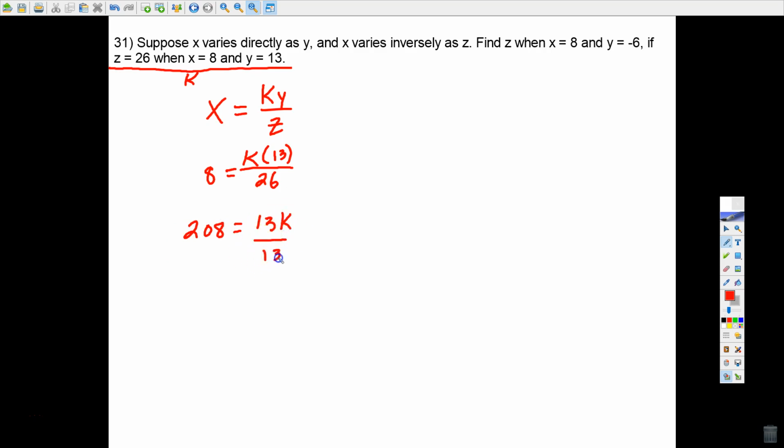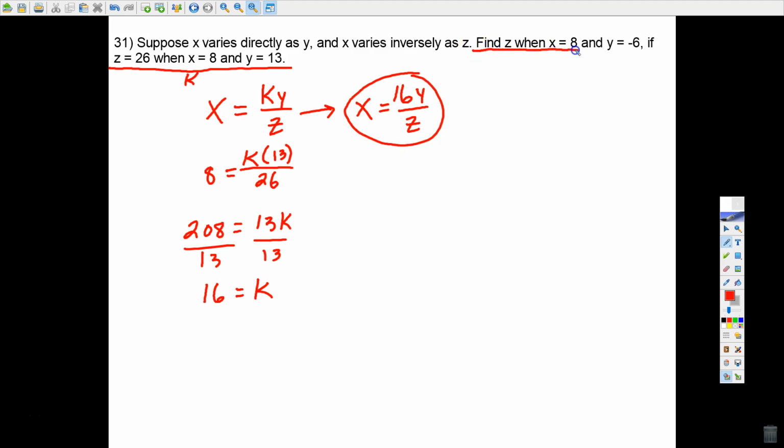Dividing by 13 on both sides, 208 divided by 13 is 16. Okay, so I have a specific equation that applies to this problem. I just found out what k is and I replaced it. Okay, now I'm going to use this to help me answer the question.